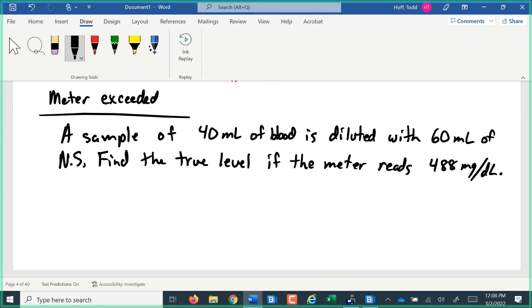So this looks like it's a shorter question, but it's really asking us to do both tasks again, just from a different angle. We need to find our dilution first. Remember, for a dilution here, it's going to be the parts serum, in this case the blood, over the total solution.